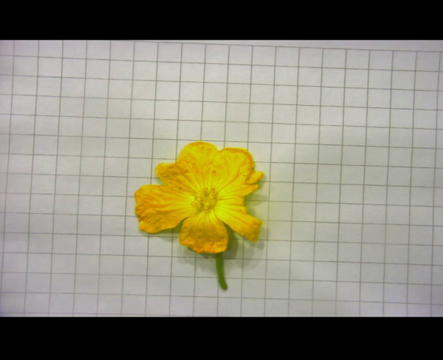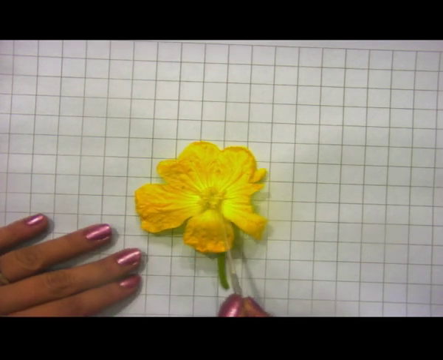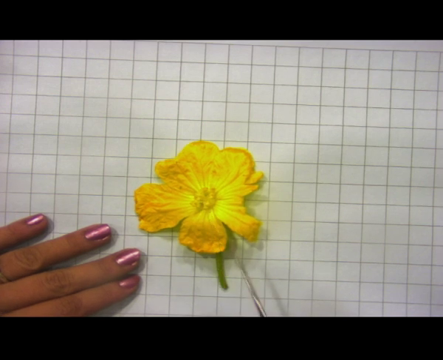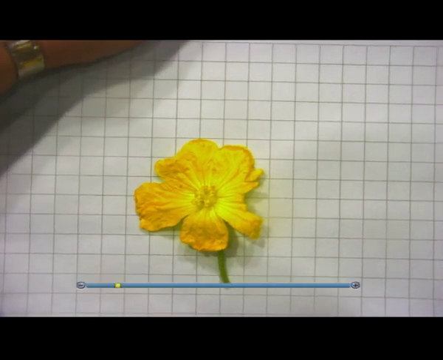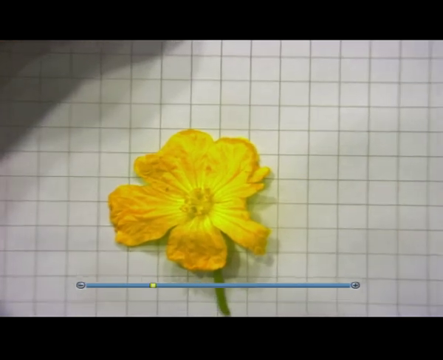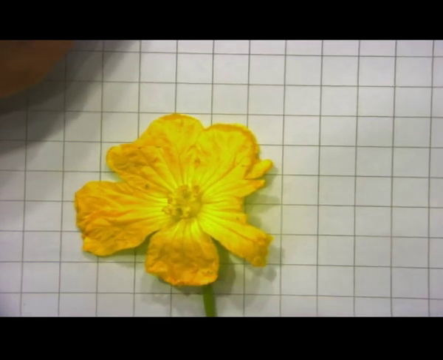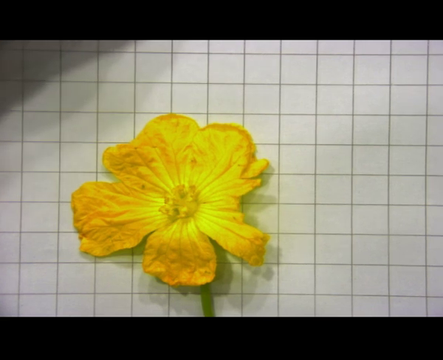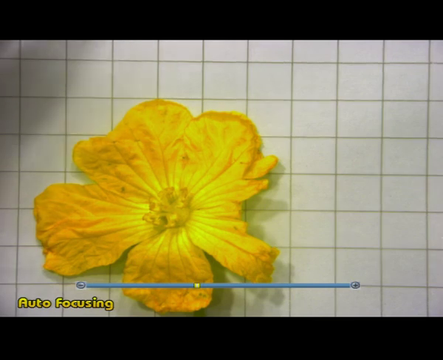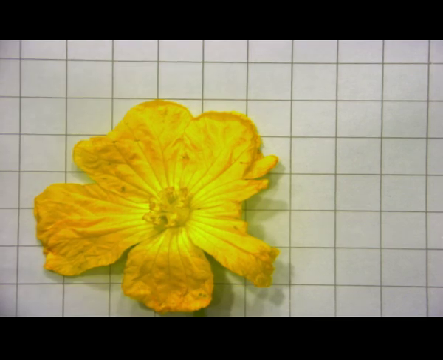Now let us study its inner whorl, this whorl. I should zoom in. Okay.